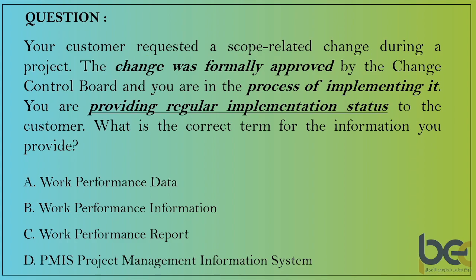So 3 years, 4 years down the line, if someone wants to refer to the communication that happened a couple of years ago or at the beginning of the project, they wouldn't know where to look if the company did not have a project management information system or PMIS as it is called. So we should know PMIS cannot be the answer because basically it is an application or a software. Now we will concentrate on work performance data, information and report.